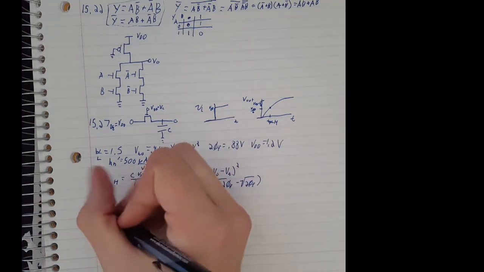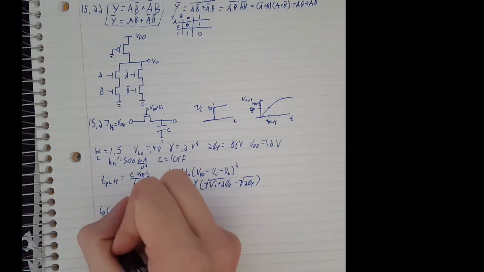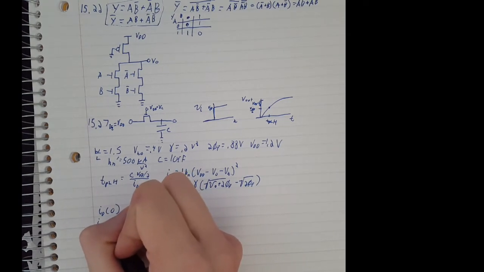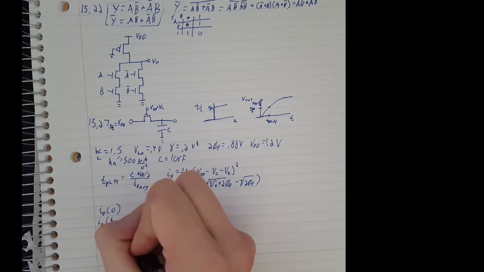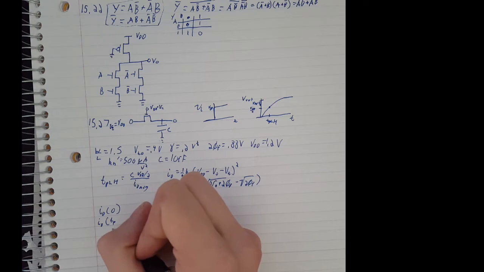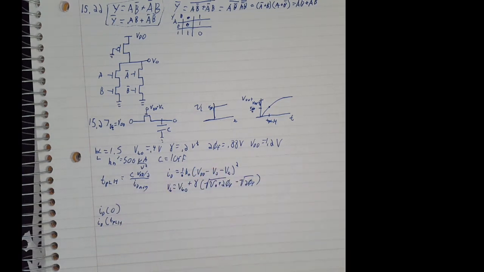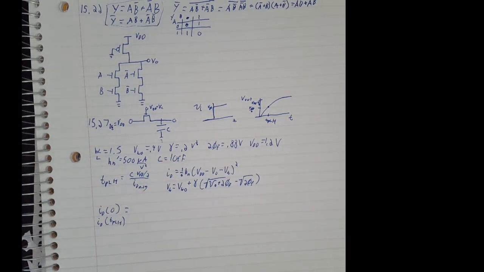So all we're going to want to do is find ID at 0 and ID at tplh.